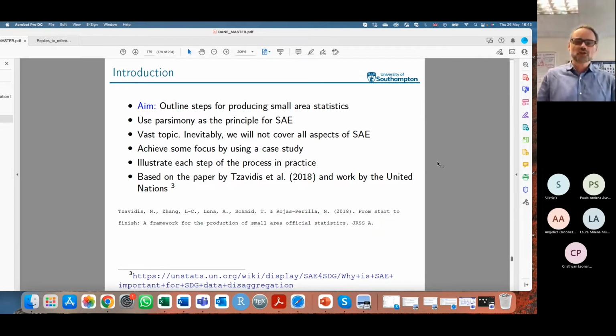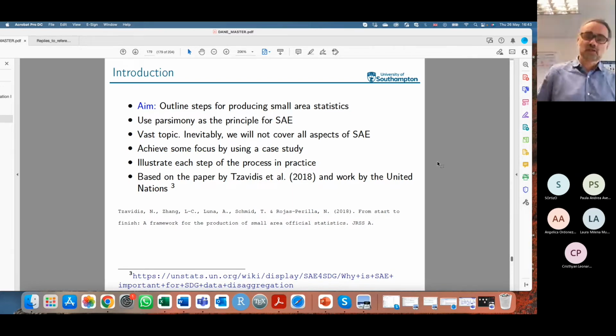So we're going to describe some framework, and then we're going to give some examples as to how this framework can be implemented by using a case study, just to illustrate a step-by-step process in practice. The materials that we're using here are based on a paper that Angela and I and co-authors wrote. Angela had a really key part in writing this paper and presenting it at the Royal Statistical Society.